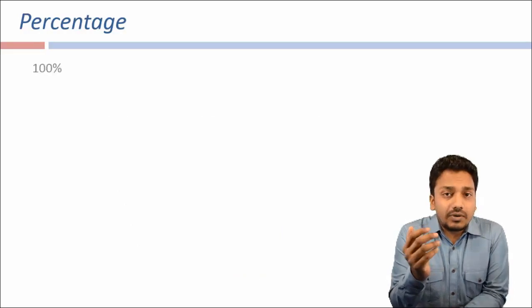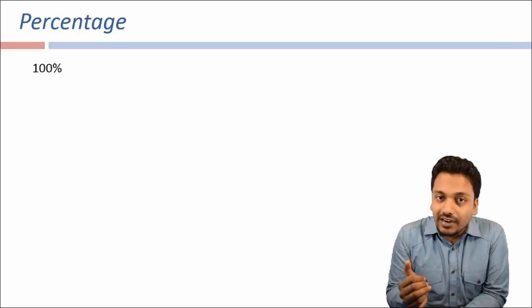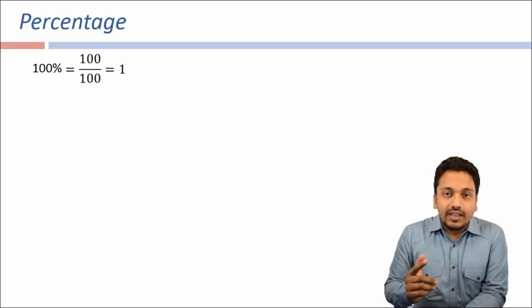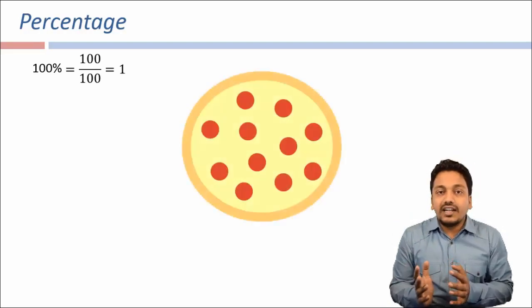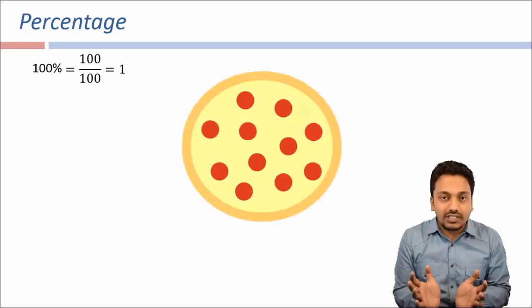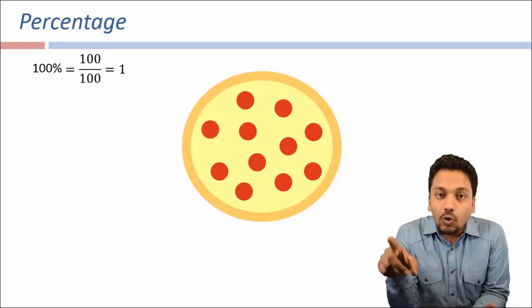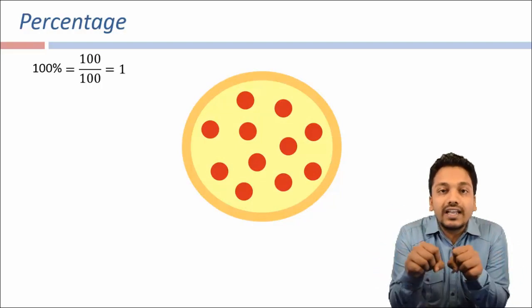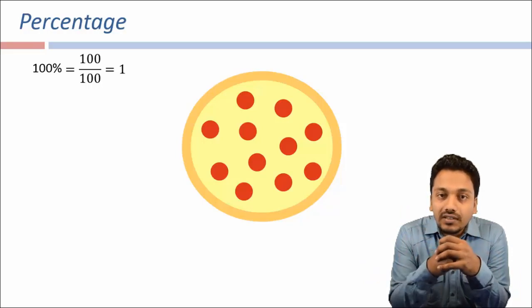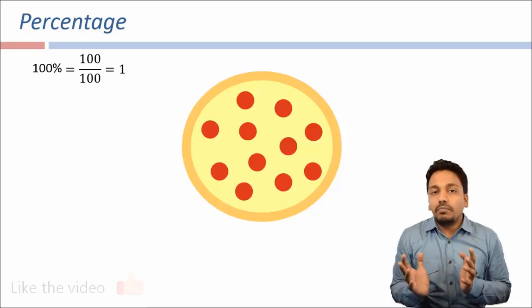If I say 100%, it would be 100 divided by 100, that is 1. And in interpretation, it represents 1 full pizza. In the previous video, we talked about cake, how 100% was 1 full cake. Here we have an example of pizza. So 100% would be 1 full pizza.